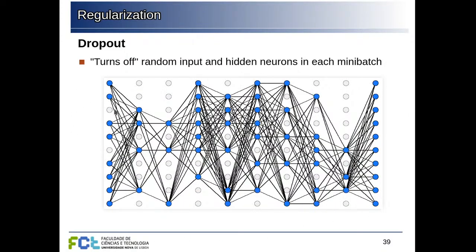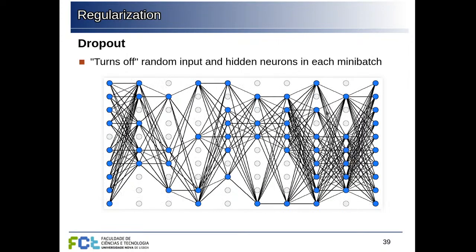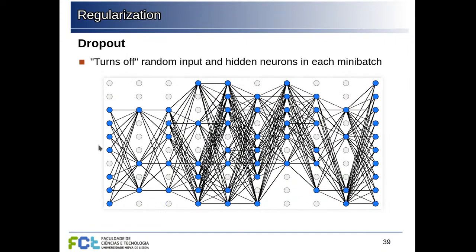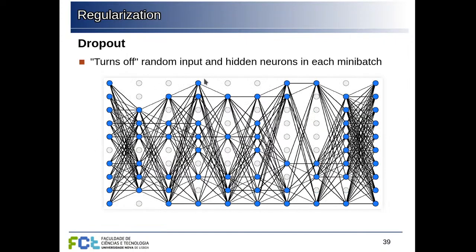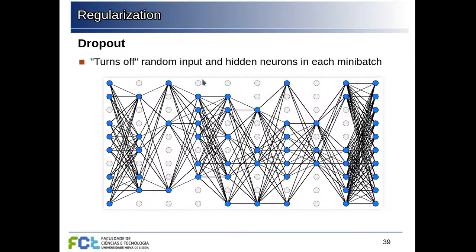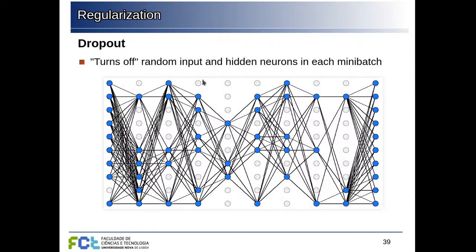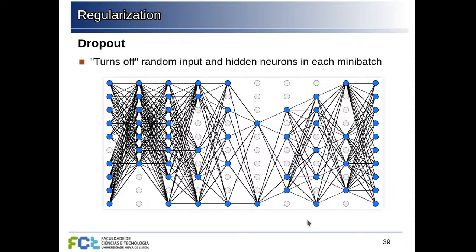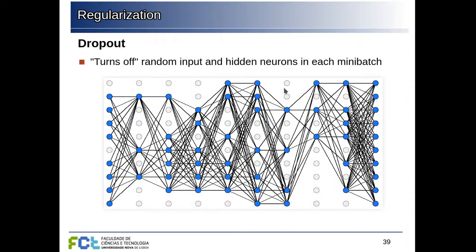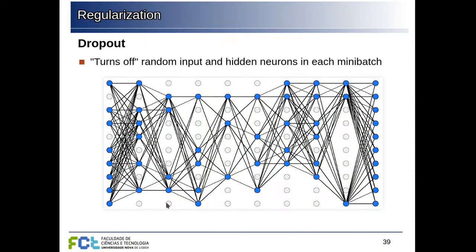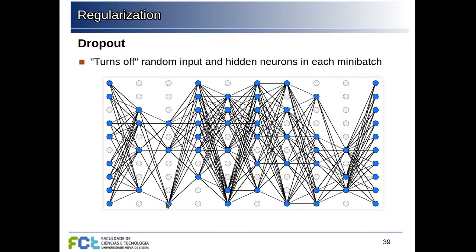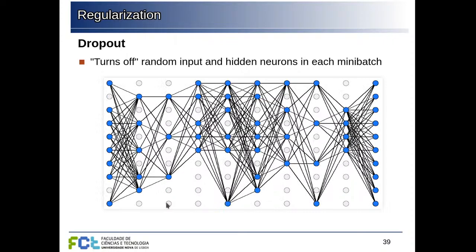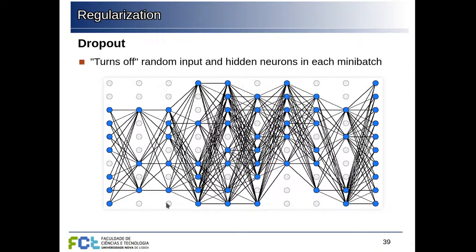And in this case, we have a dropout probability on each of these layers, which means that for each mini batch, there is a probability that some neurons will be as if they are not in the network, will be simply switched off. So you can see that at each mini batch, we are actually training a sub-network created by the combinations of neurons that are still turned on. And so in another mini batch, we have a different subnetwork and a different one and so on.